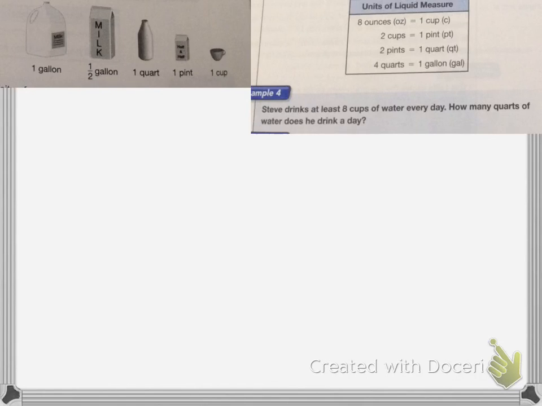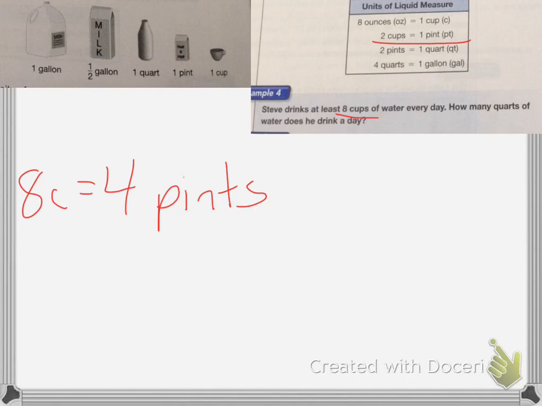So we know that 2 cups equals a pint. So 8 cups is going to be the same as 4 pints. And there's 2 pints in 1 quart, so 4 pints is equal to 2 quarts.